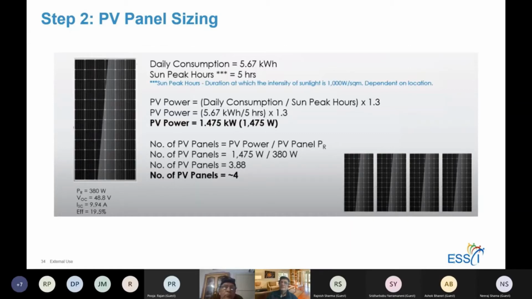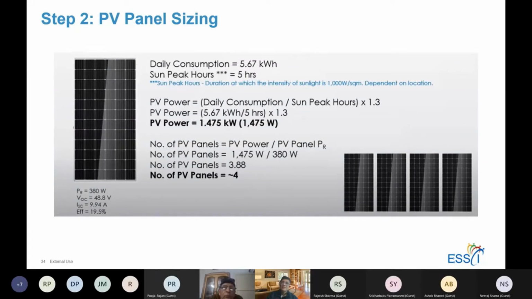So this is a thumb rule. If you take this thumb rule, what it means is divide 5.67 by 5, and account for 30% of your losses. So once you do that, your PV panels should be 5.67 by 5 multiplied by a factor of 30%.